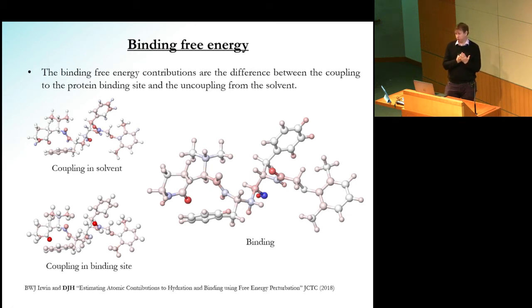So we're getting an overall balance between desolvation and interactions in the binding site to show which atoms or which groups make the most favorable contributions. And you can see, for the most part, it's the polar hydrogen bonding interactions that are giving you the majority of your contribution. And then there's a spread of contributions across the nonpolar or hydrophobic atoms.